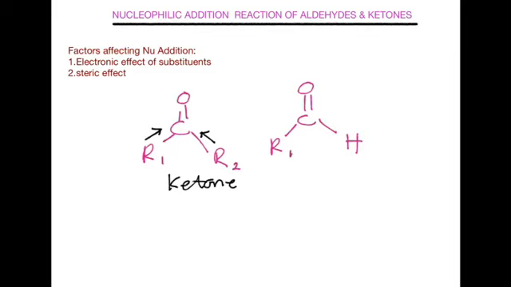Now, because the hydrogen is not an alkyl group and it's not electron donating, we are going to have the partial electron donation from only one side, which is from this R1, and we are not going to have that from this H, and so it is not going to affect the carbonyl carbon at the center here as much.